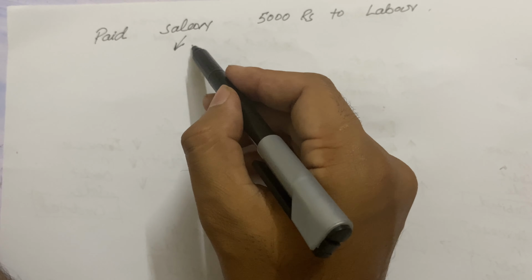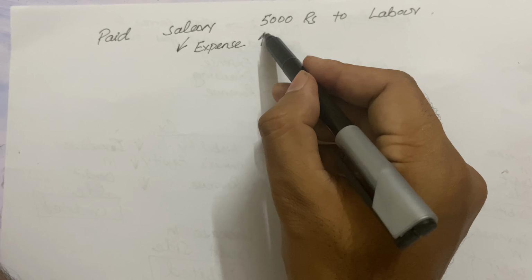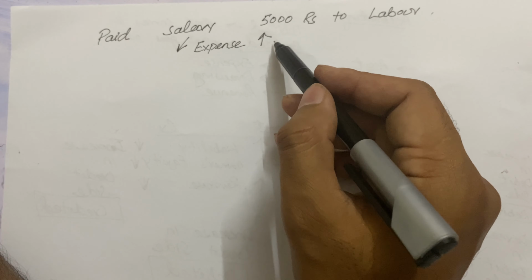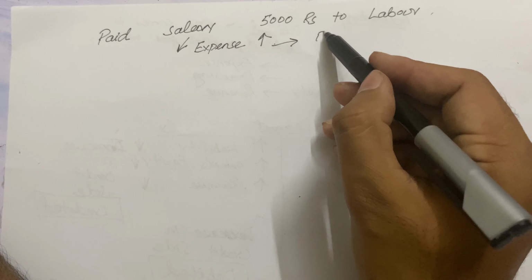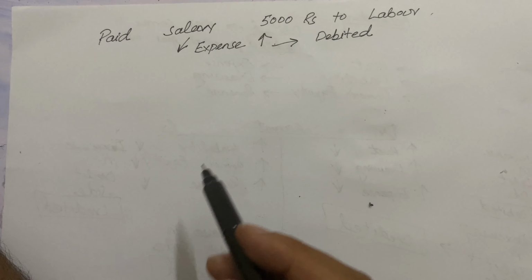What is the nature of salary? It is an expense, and expense is increasing. Whenever there is an increase in expense, it will be debited, as we mentioned earlier.